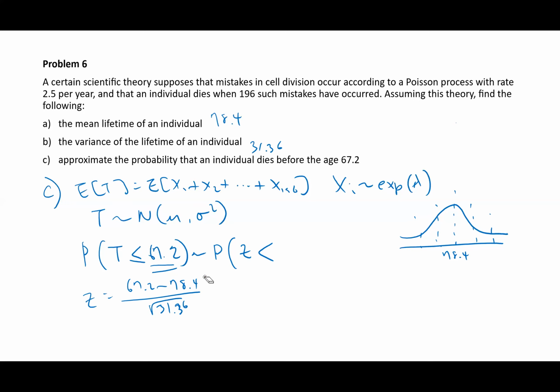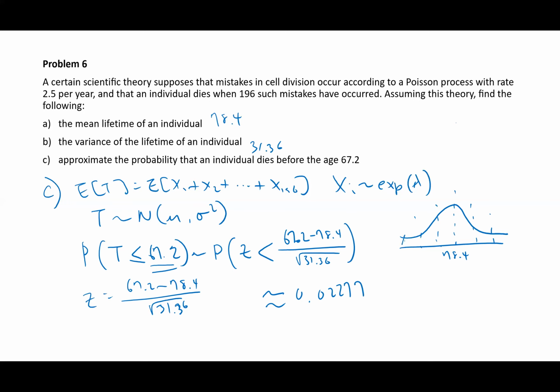I'll write the whole thing out over here: 67.2 minus 78.4 divided by the square root of 31.36. If you solve this out and look at the normal distribution table to see where this falls, you're going to get roughly 0.02277.